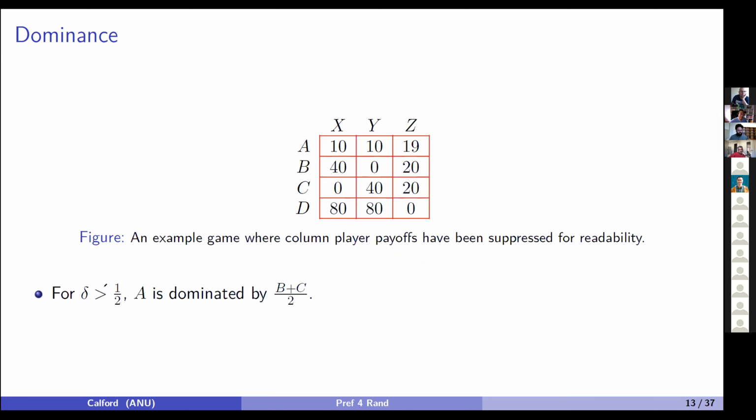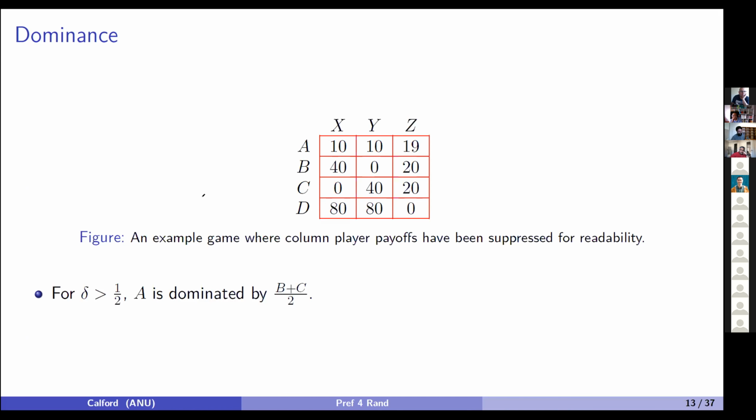When delta is bigger than a half, so when my preference for randomization is strong enough, then strategy A is dominated by the mix of a half B and a half C. Clearly, when my opponent plays Z, B and C outperform A. When we're thinking about X and Y, you can see that mixing B and C provides a good outcome on average, which means that when my preference for randomization is high, if delta is 1, it would pay on average 20 across each of these two states.